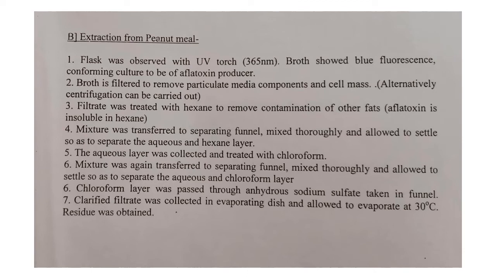Now extraction from peanut meal. Again here you can directly observe your flask with a UV torch at 365 nanometers. Then the broth showed blue fluorescence, confirming the culture to be an aflatoxin producer. Now the broth is filtered to remove particulate media components and cell mass, or you can go for centrifugation. Now the filtrate was treated with hexane.